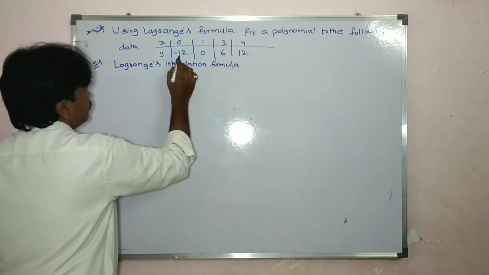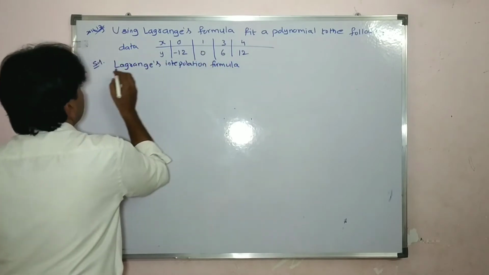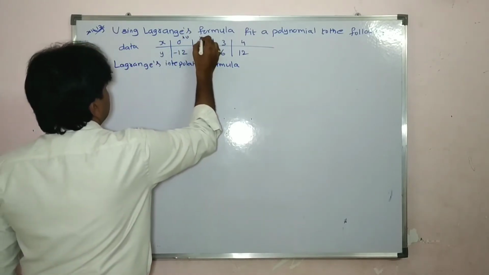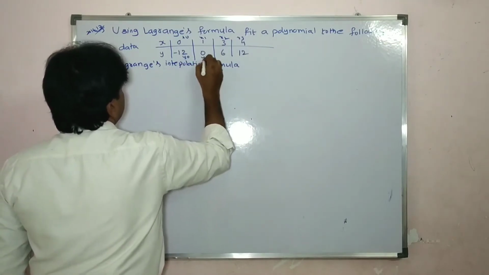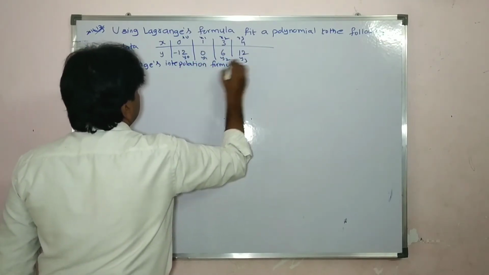How many terms are there, students? 1, 2, 3, 4. So this is x0, x1, x2, x3. This is y0, y1, y2, y3.